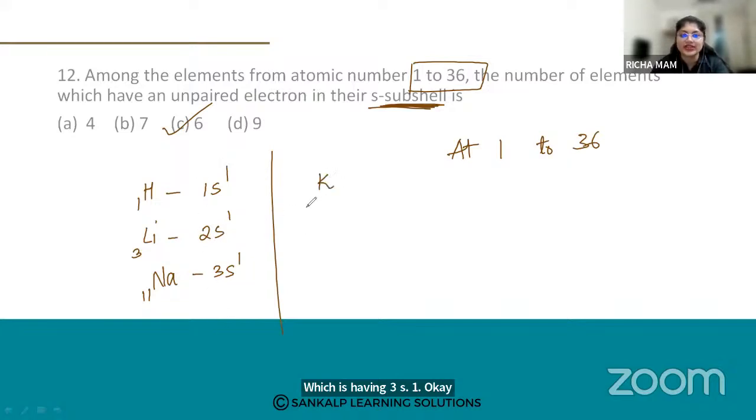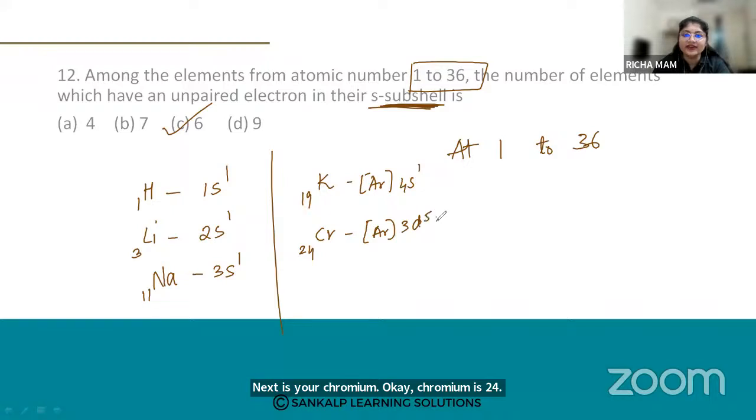Next is potassium: argon 18 plus 4s1. Next is chromium, 24: argon 3d5 and 4s1. Next is copper, 29: argon 3d10 and 4s1.